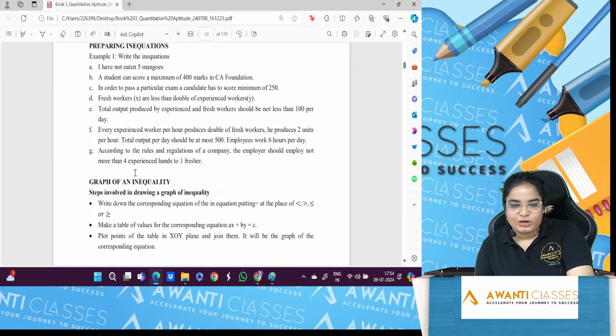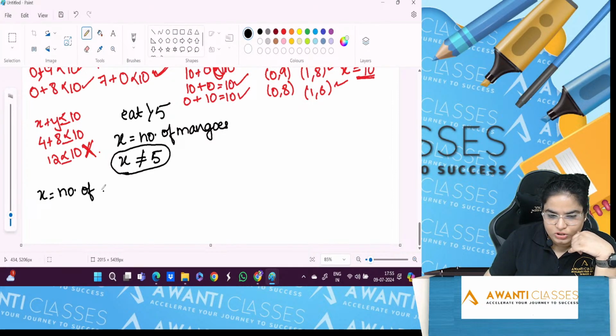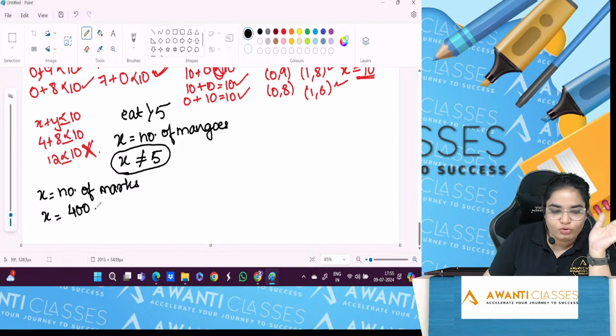What is the next one? Look at B. A student can score a maximum of 400 marks in CA exams. Maximum 400 marks. So, if x is the number of marks of the student, they can get a maximum of 400 out of 400.